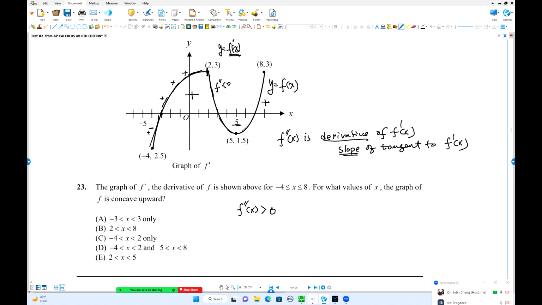But right after 5, the slope is positive again, right? Slope is positive means concave up here. This is also concave up. Are you okay with this? From here to here, that is concave down.